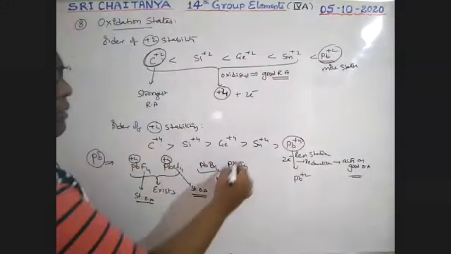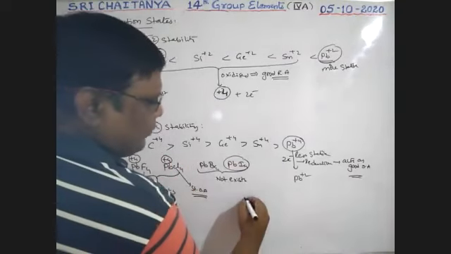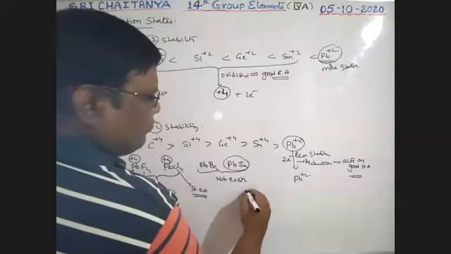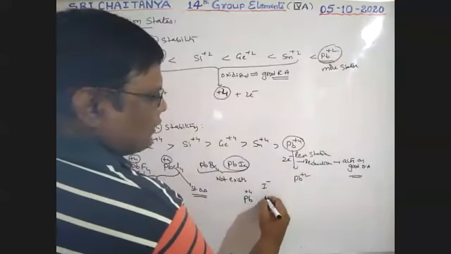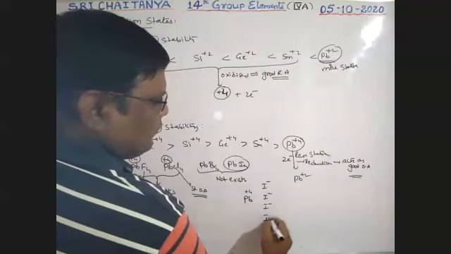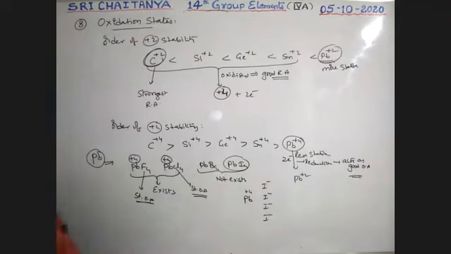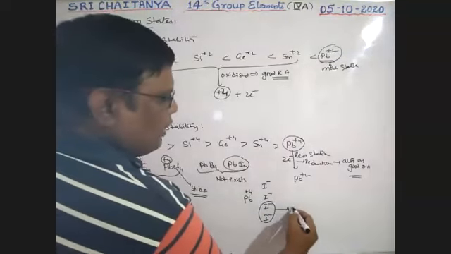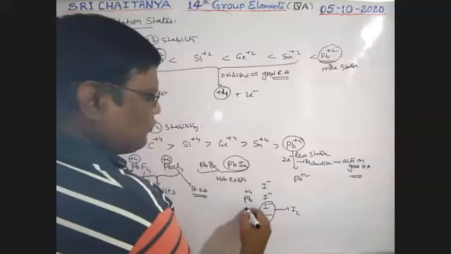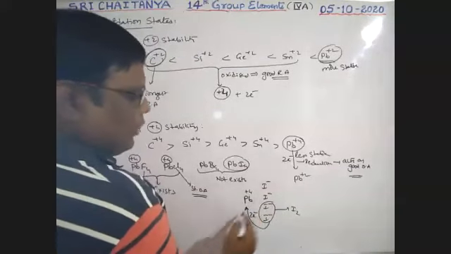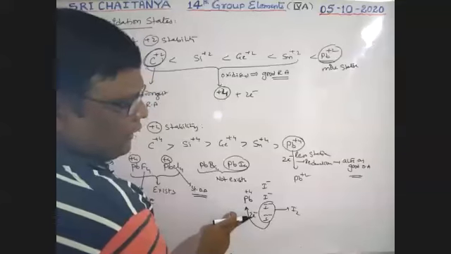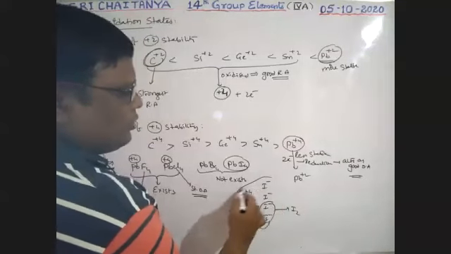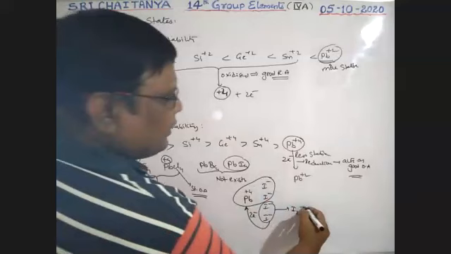See here, I'm explaining about PbI4. Lead is in +4 state with four I minus ions. Two I minus ions convert into I2 by the loss of 2 electrons to this lead. So Pb+4 changes to +2 by taking 2 electrons, and this combination gives PbI2.